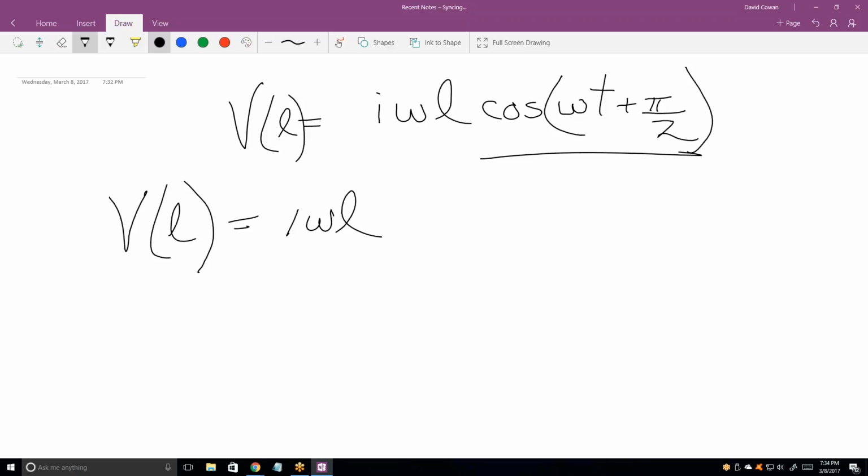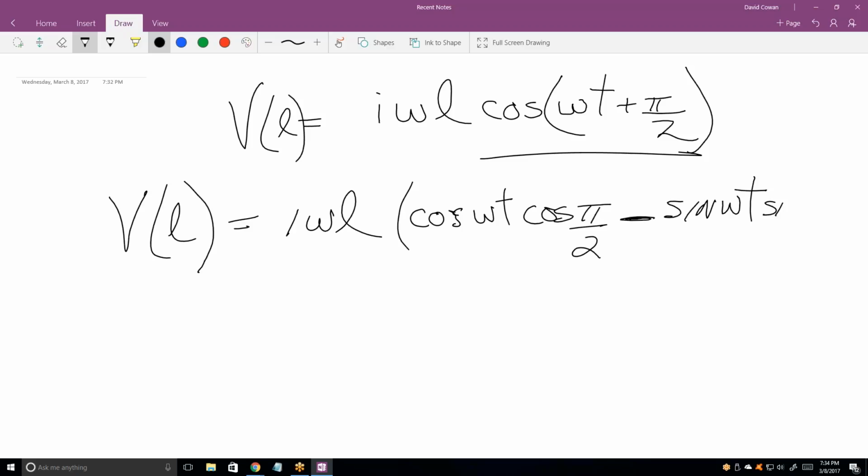That becomes cosine W T cosine pi over 2 minus, it's flipped, minus sine W T sine pi over 2. Now, what's cosine of pi over 2 equal to? 0, which wipes out that whole part. So we got our answer.